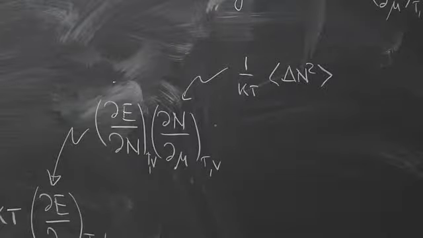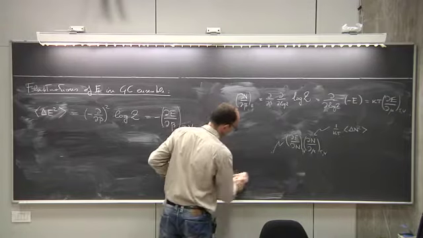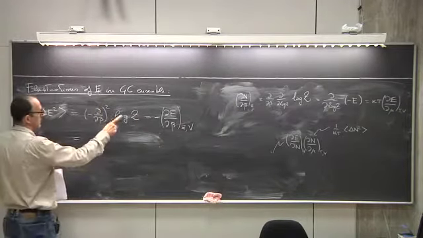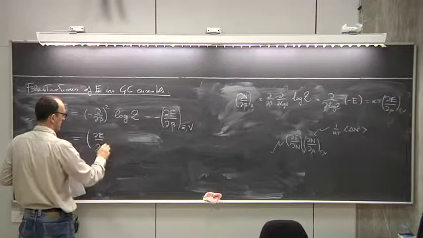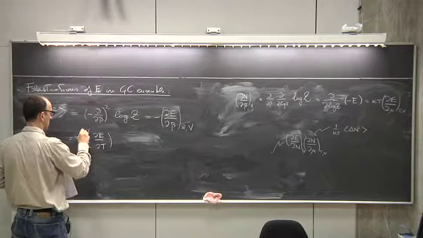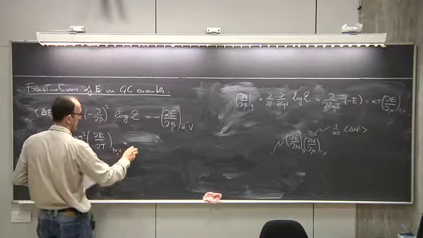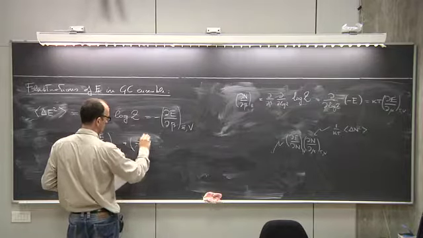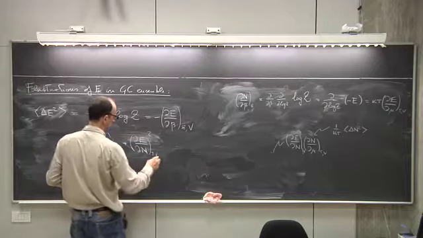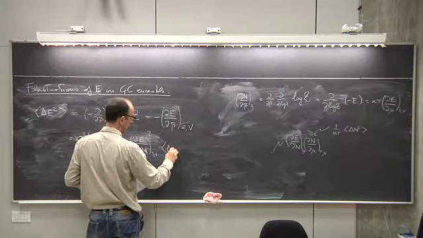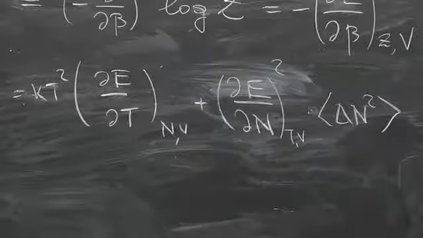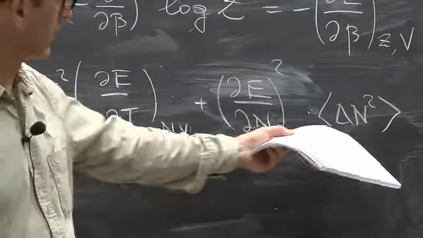Now, if I put all these things together, what you can see is that I will have the derivative of E with respect to T times kT squared at constant N and V, plus the derivative of E with respect to N squared at constant T and V times the fluctuation in the number of particles.